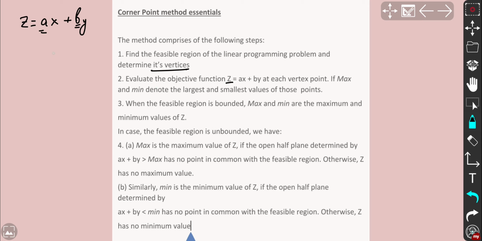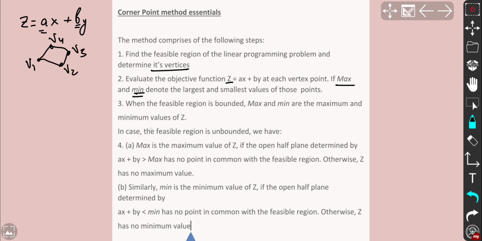So once you set up your region, you've got vertices, let's say V1, V2, V3, and V4 with coordinates, and you calculate values by plugging the coordinates x and y into the Z function. Okay, so define M and m, max and min, as the largest, the maximum, and the smallest values at those points.